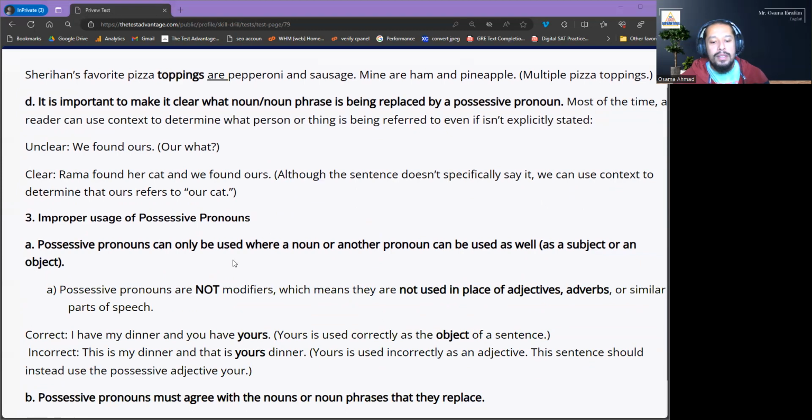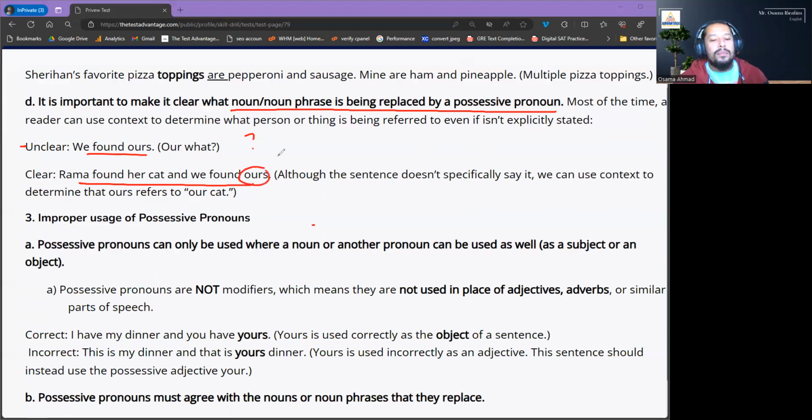D. It's important to make it clear what noun is being replaced by the possessive pronoun. Most of the time, the reader can use context to determine, but on your test, it must be clear. For example, we found ours. Rama found her cat and we found ours.